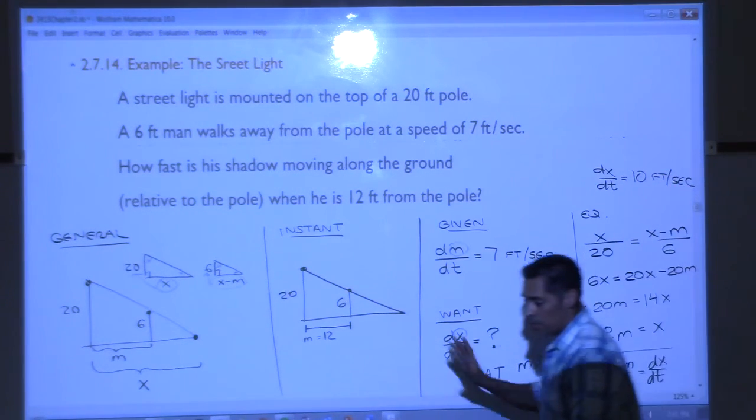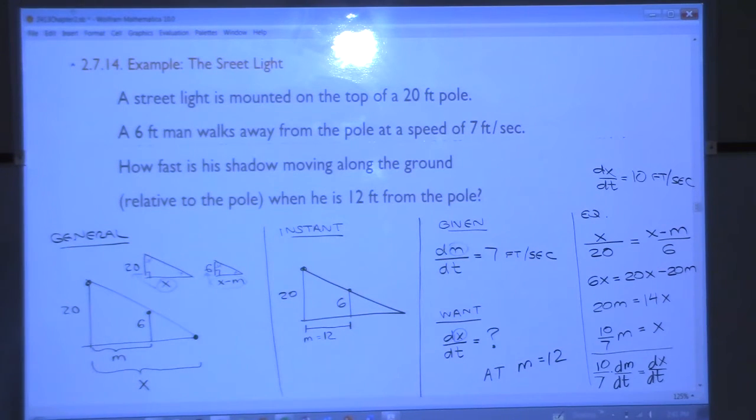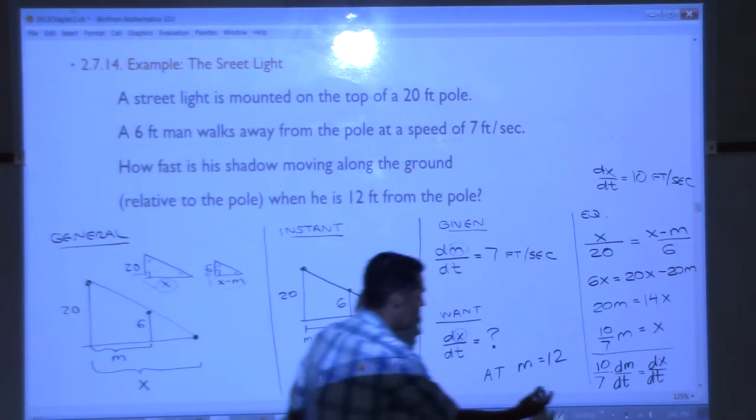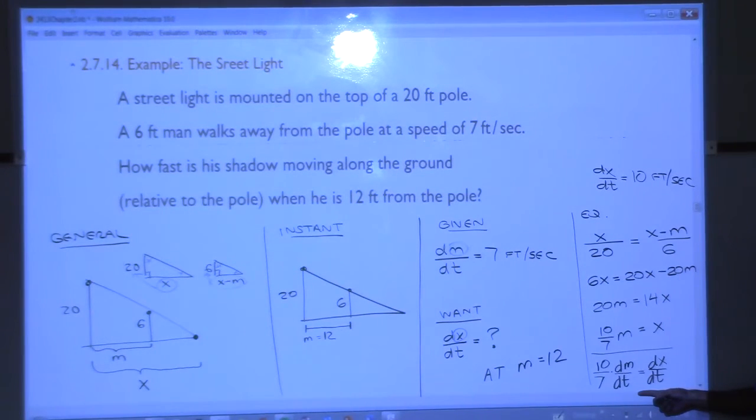Now, I know we're over time. What did we not use when we got to this point? What was irrelevant in this equation? The m. How far he was away from the pole was irrelevant. Look at the equation. Is m in here? No. That means dx/dt, the rate at which his shadow moves, only depends on dm/dt, which is the rate that he's moving, which is fixed.